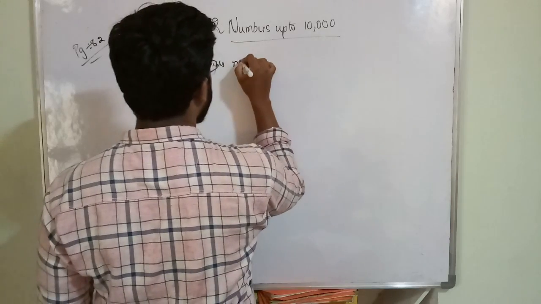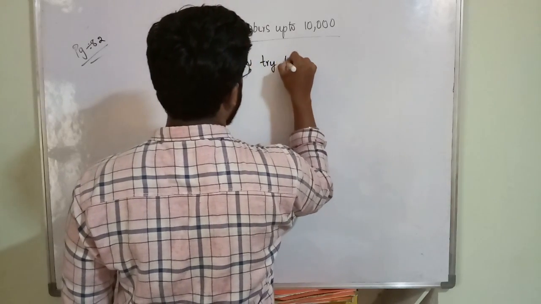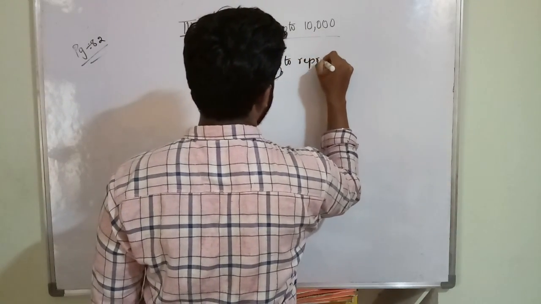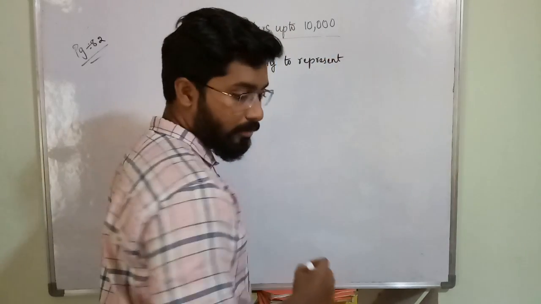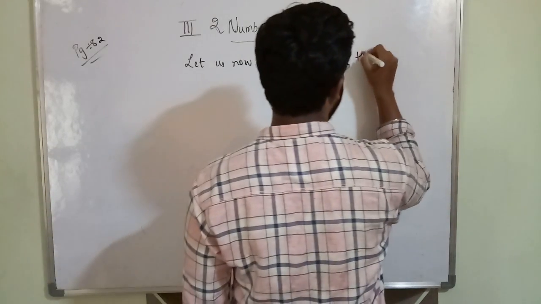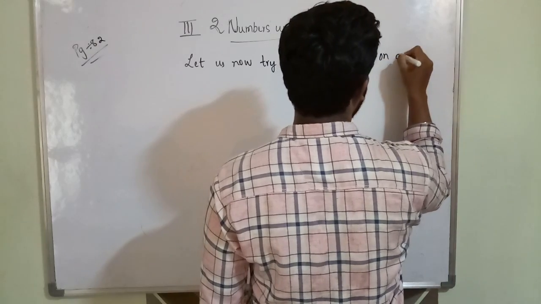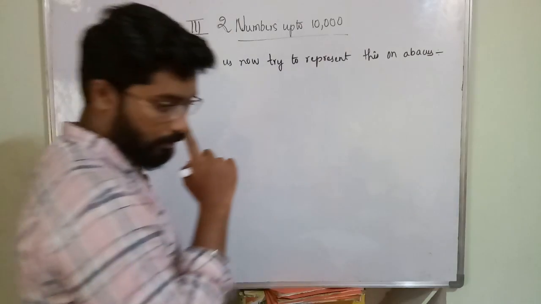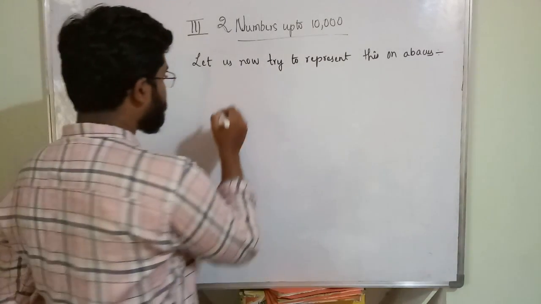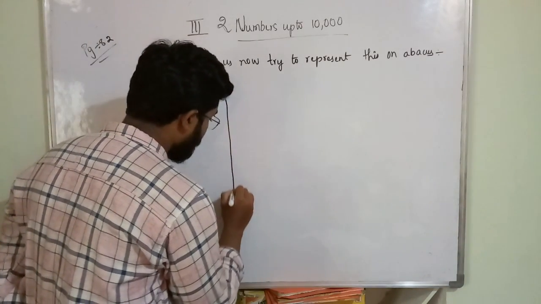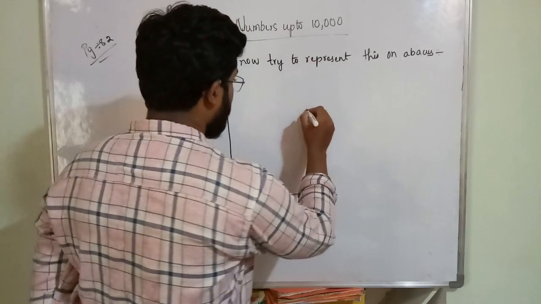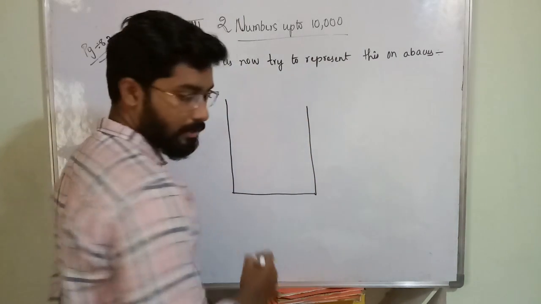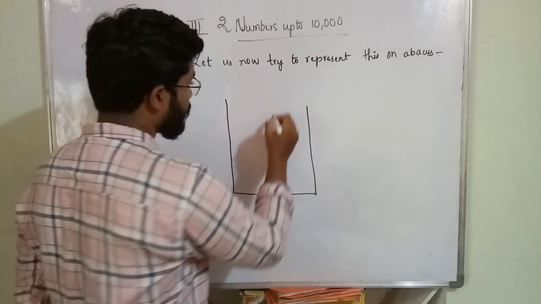Let us now try to represent this on an abacus, okay. So let us understand how to do it. So this is one abacus. How many rods does it have? 4 rods.